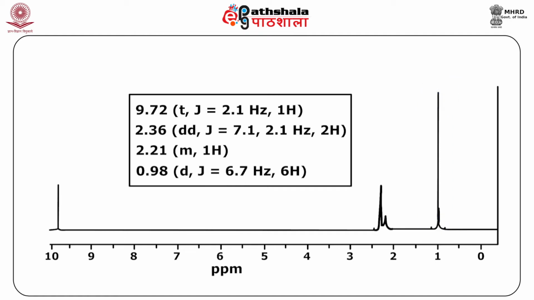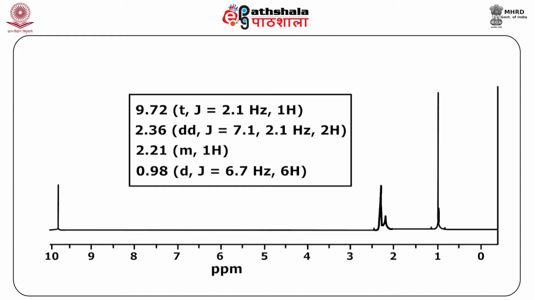This isopropyl linkage has 2 equivalent methyl groups, which in turn are linked to one CH group, which shows the doublet. This is supported by the multiplet at 2.21 ppm for one hydrogen.